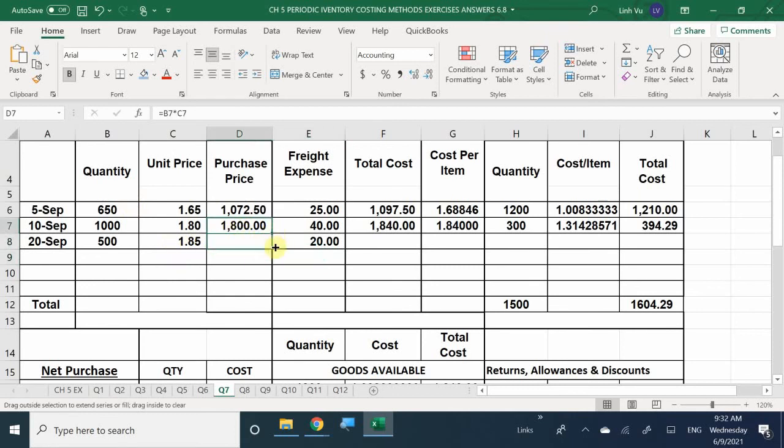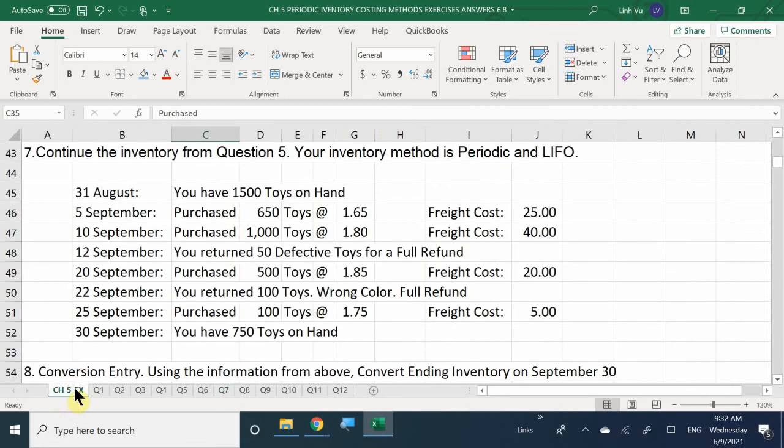So the purchase price is $925, which would give a total cost of $945. Then divide by 500, and the cost per item is $1.89. Okay. Good. So then let's see what else happened on the 22nd of September.